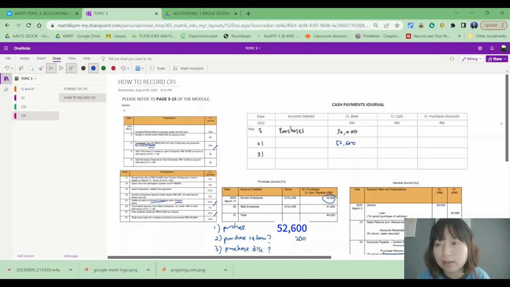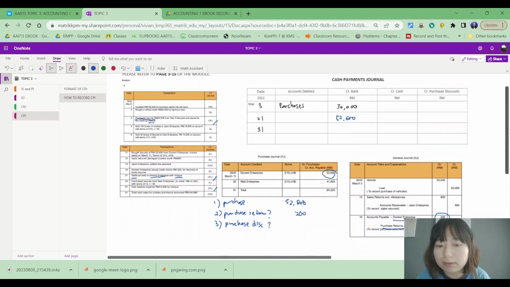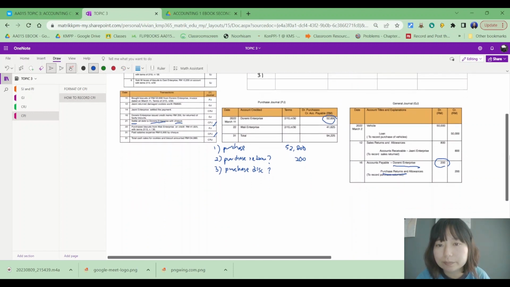And lastly, we will look at the discount. Okay, so according to what we have here, the credit terms, 2% kalau settle dalam masa 15 hari, wajib settle dalam 30 hari. Okay, that's the credit term that is given by our supplier, Doremi Enterprise.